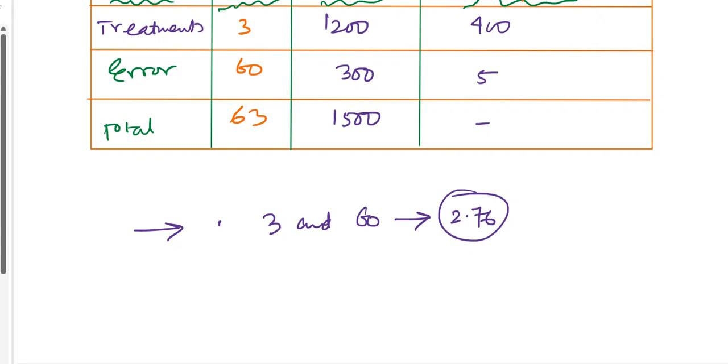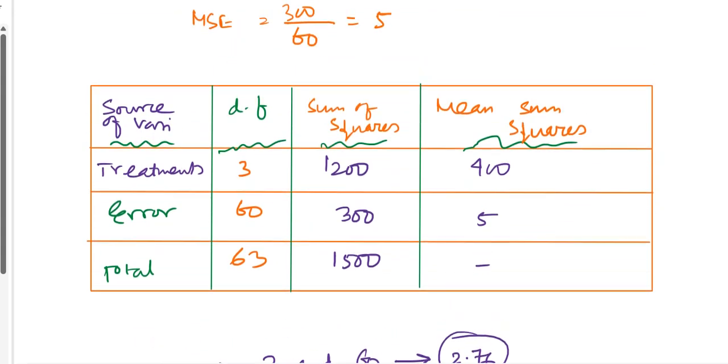Since the calculated F value, that is 80, is much greater than 2.76, we reject the null hypothesis. Okay, reject null hypothesis. So that's all about that.